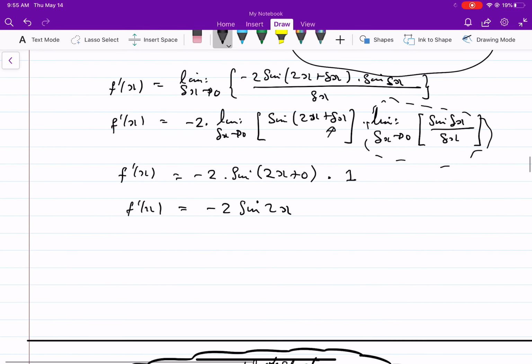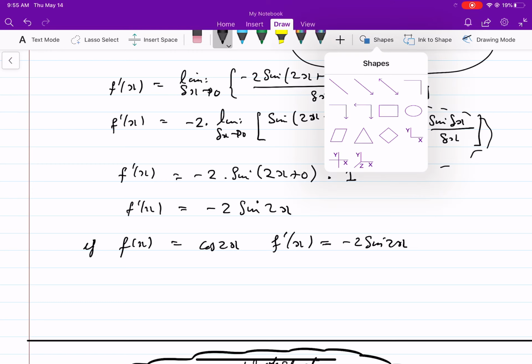Very consistent with our classical differentiation technique. Summary: if f of x is equal to cos of 2x, f prime of x is equal to minus 2 sine 2x, which we just proved from first principles.